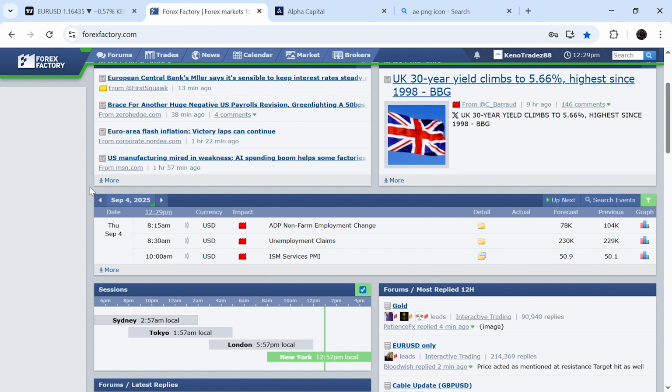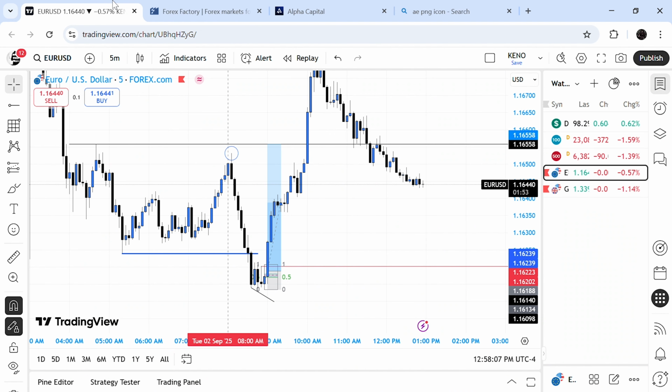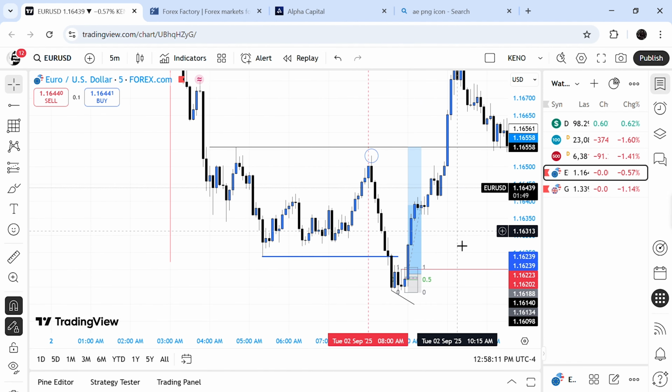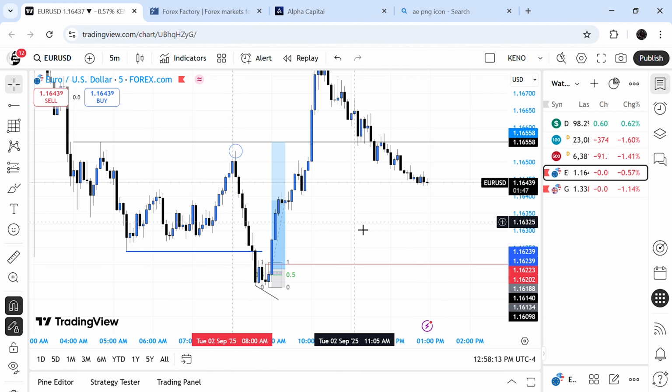ADP is before the actual NFP and it's extremely volatile. I've seen this based off market experience, and I'm definitely not trying to trade ADP non-farm employment change. So tomorrow is going to be my last trading day of the week, and it's nice. This week is nice so far. So basically this is it with my trade recap.